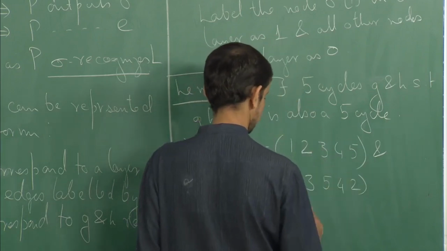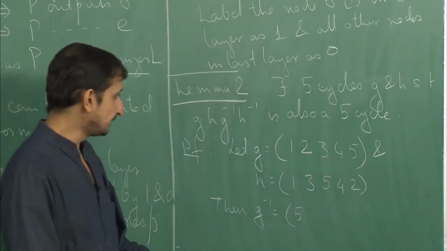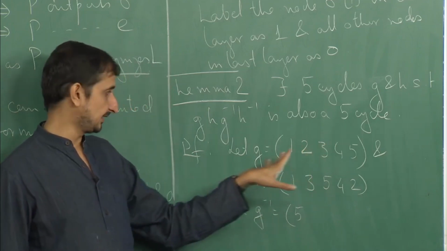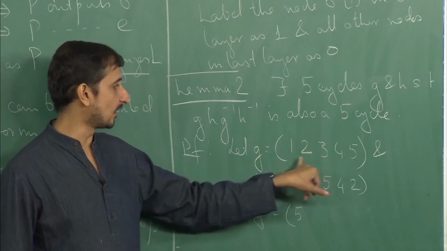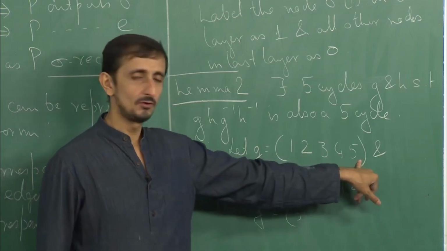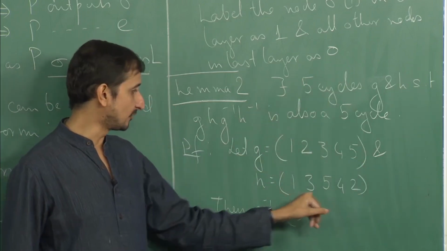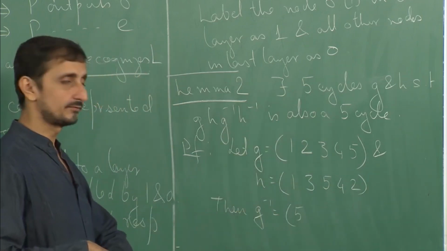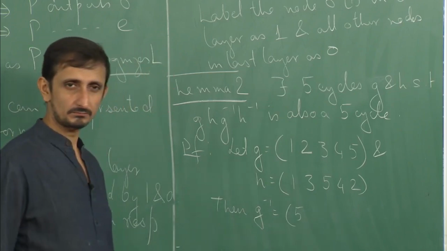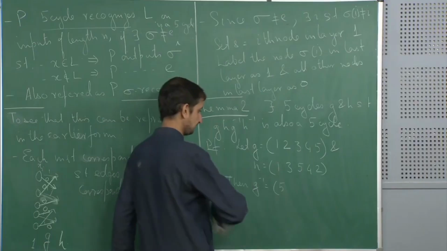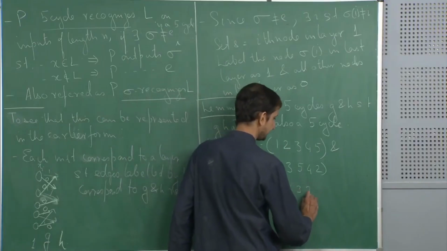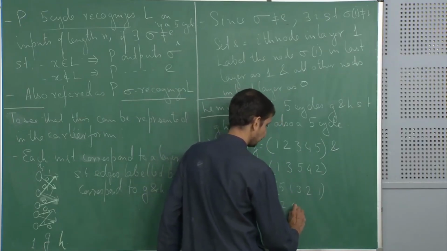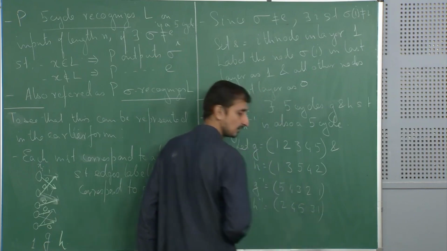This notation, if you are not familiar, just means that in the permutation G, 1 goes to 2, 2 goes to 3, 3 goes to 4, 4 goes to 5, and 5 goes to 1. Here in H, 1 to 3, 3 to 5, 5 to 4, 4 to 2, and 2 to 1. So, what is the inverse of G? 5 will go to 4, 4 goes to 3, 3 to 2, 2 to 1, and similarly H inverse would be 2, 4, 5, 3, and 1.